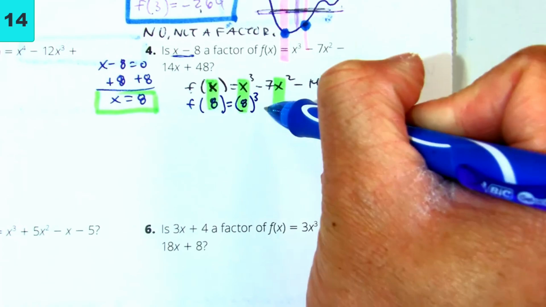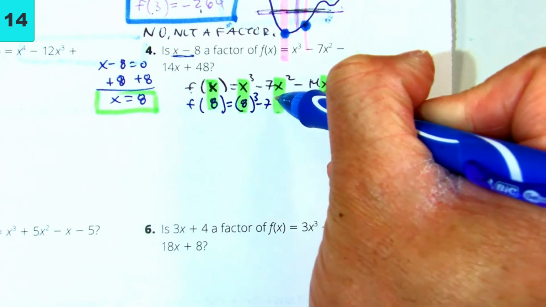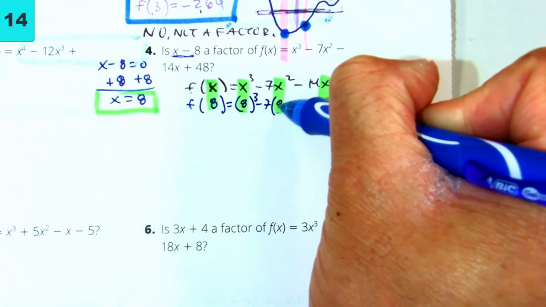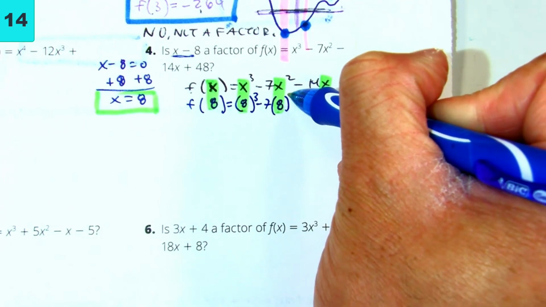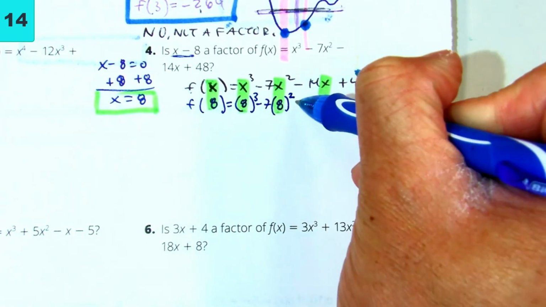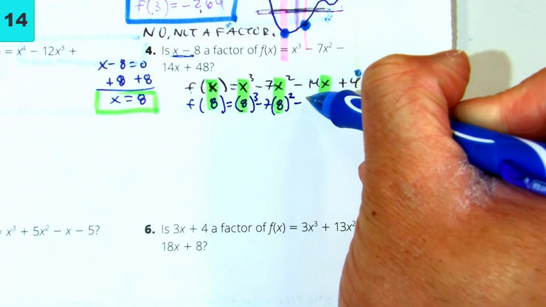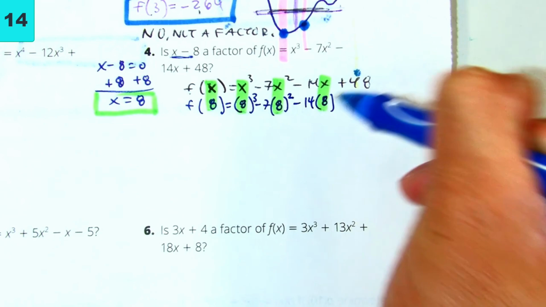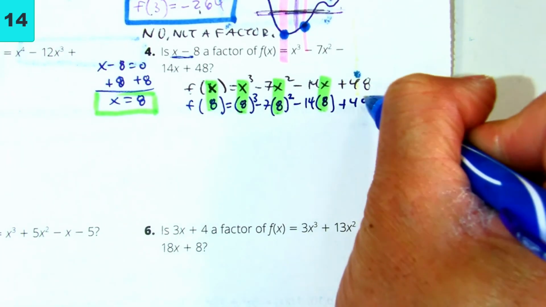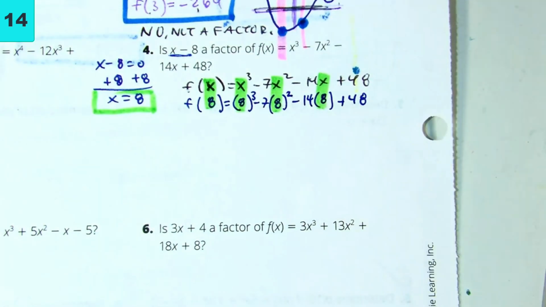Positive 8 minus 7. Yep. Parentheses 8 plus 8. Second. Minus 14. Parentheses 8 plus 48. Raise your hand if you got that so far. Good job.